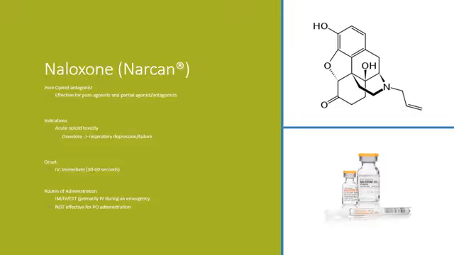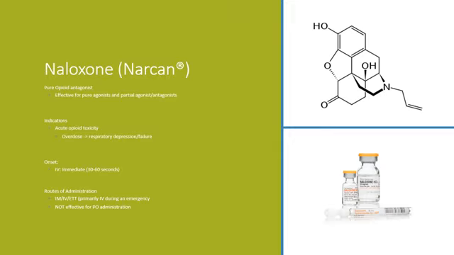Narcan or naloxone can be delivered either IM, IV, or even if you squirt it down an endotracheal tube. However, routinely, it's given intravenously during an emergency, because that's the quickest, most effective way to get the effects that we want.